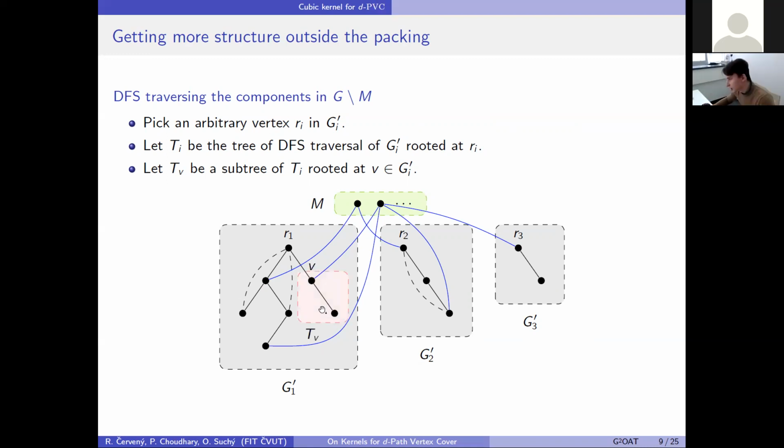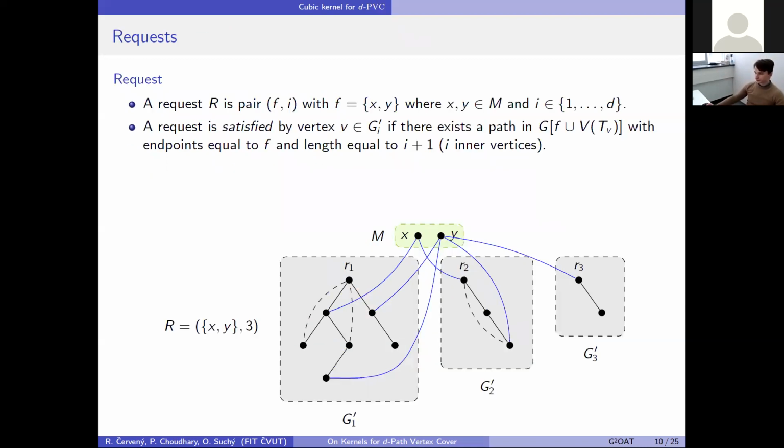And then some notation here, we are going to talk about the subtrees rooted at some vertices. By that, I will mean, in this picture, everything that hangs below the vertex, and that will be a subtree. So we have this DFS traversal, and with that, we are now able to define something that we call a request.